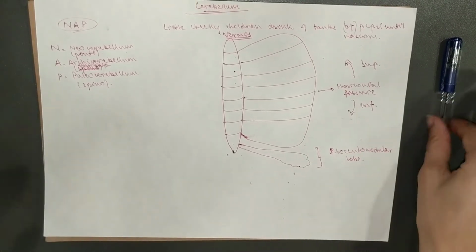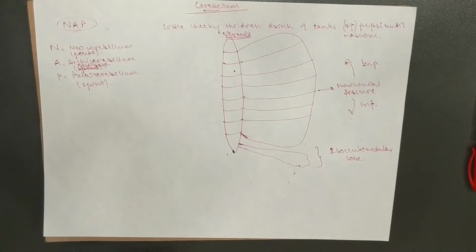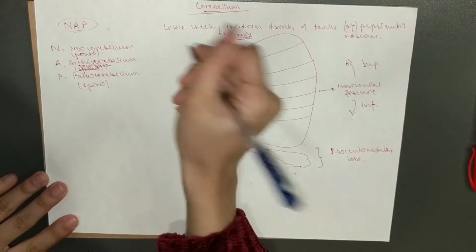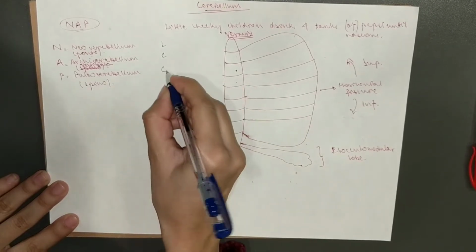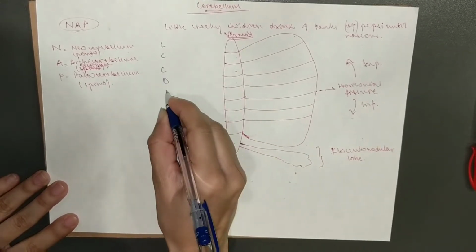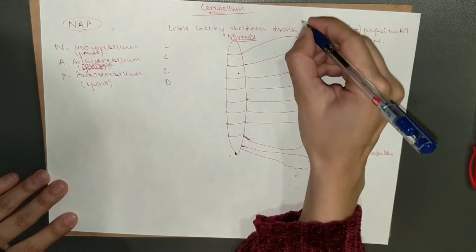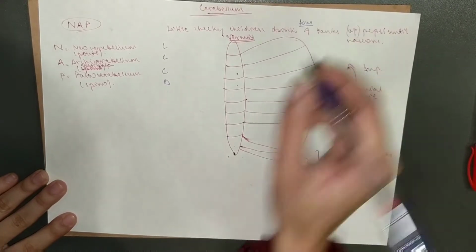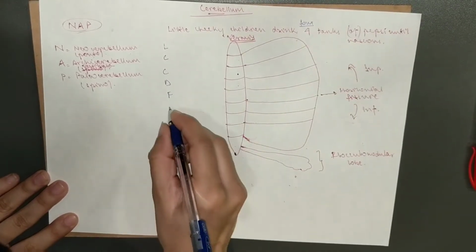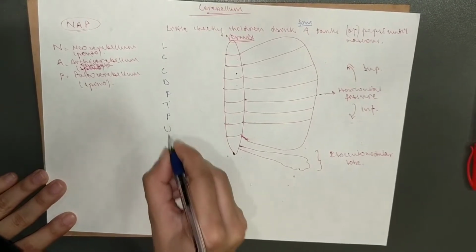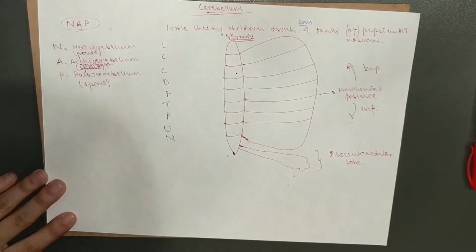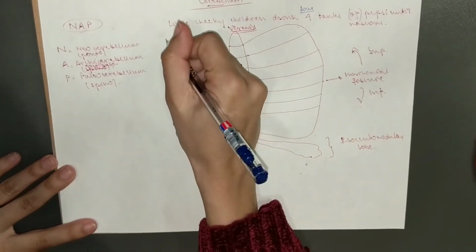Now we'll move on to the names. So little, let's write the letters down. L, C, C, D, F as in 4, T, P, U, and N. Right, so L is lingula.